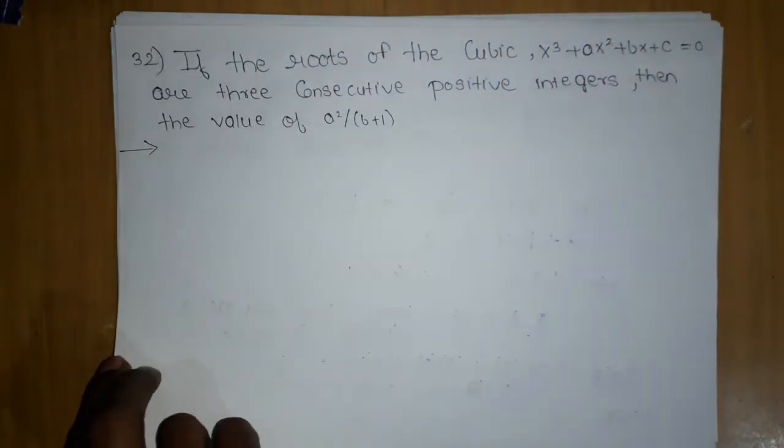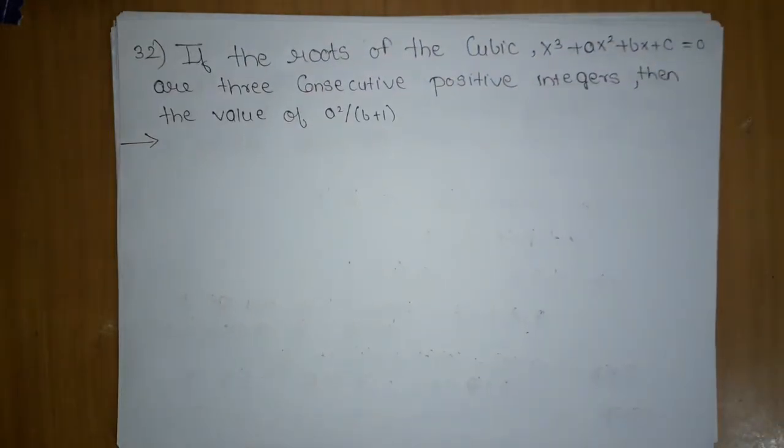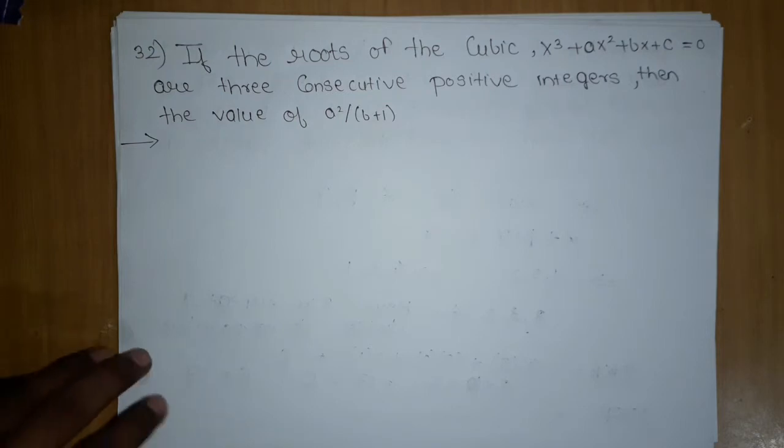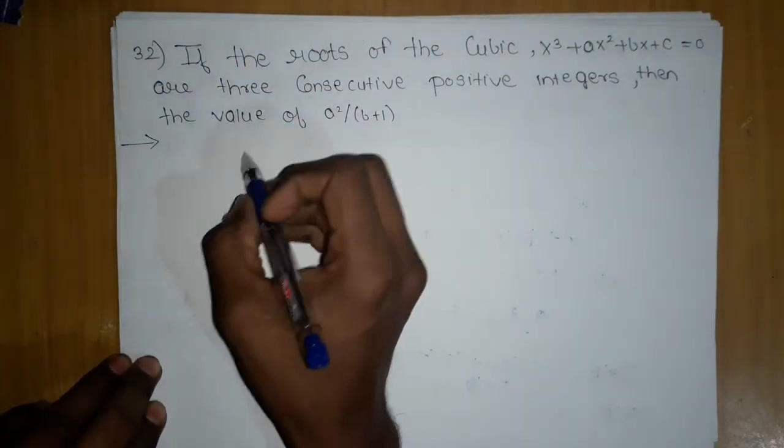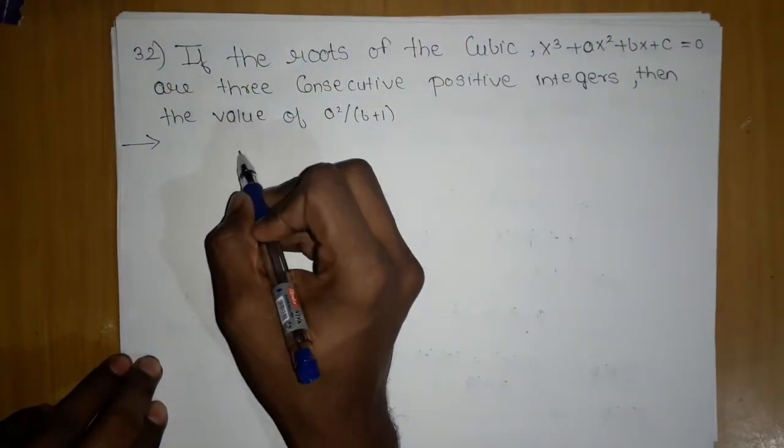This is the next question, question number 32. The question says: if the roots of the cubic x cube plus ax square plus bx plus c equals 0 are 3 consecutive positive integers, then find the value of a square b plus 1. Now this question you can do like this.